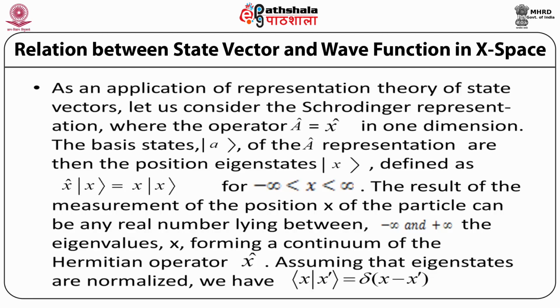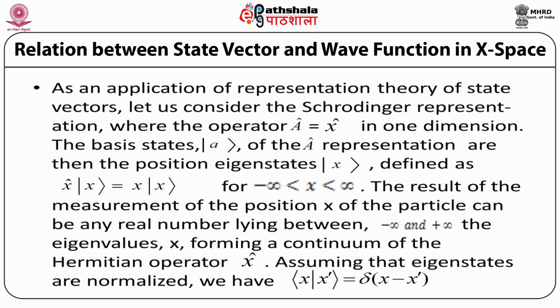The result of the measurement of the position x of the particle can be any real number lying between minus infinity and plus infinity. The eigenvalues x, as defined in the above equation, form a continuum of the Hermitian operator x.